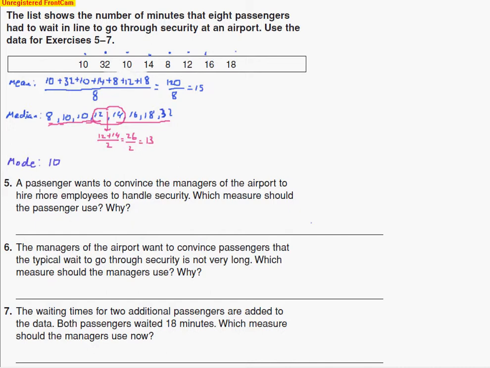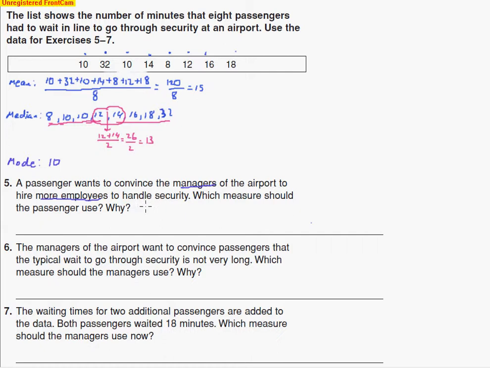So a passenger wants to convince the manager of the airport to hire more employees to handle security. So which measure should the passenger use? Okay, if the passenger wants the manager to hire more employees, that must mean that the wait time must be long.